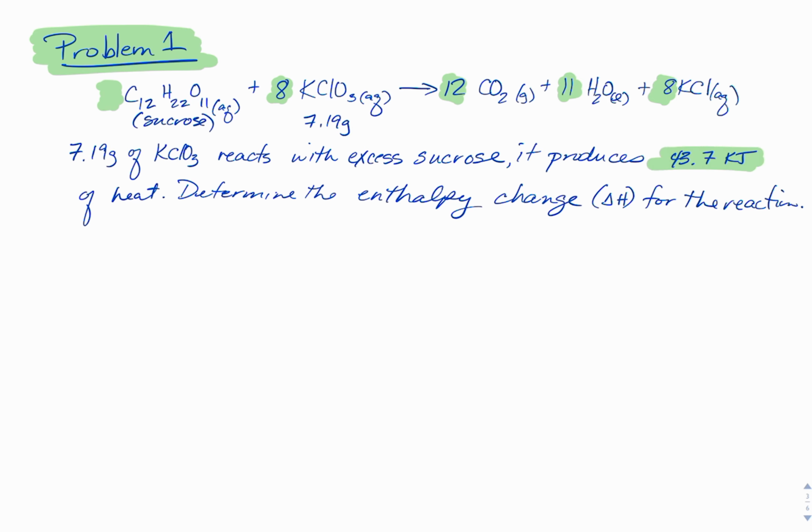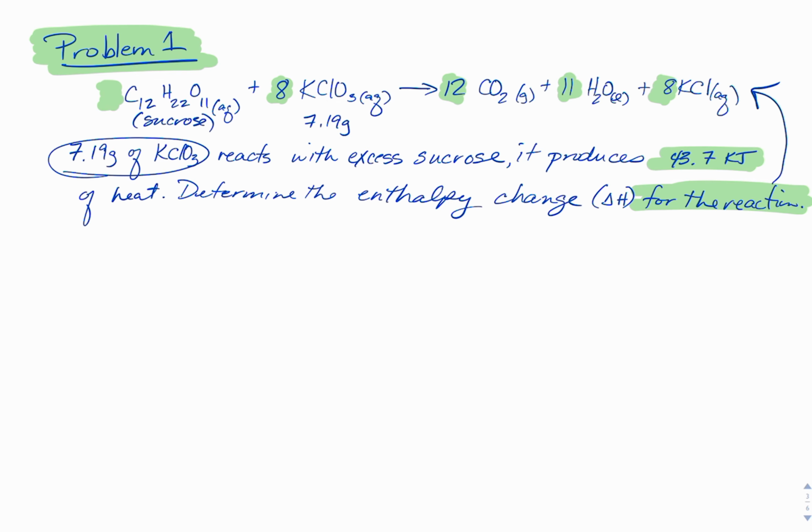So that means right now, given the mole amount of potassium chlorate that you have here, the energy given off is negative 43.7. It says now, determine the enthalpy change for the reaction, and what this problem means is for the reaction written up here.